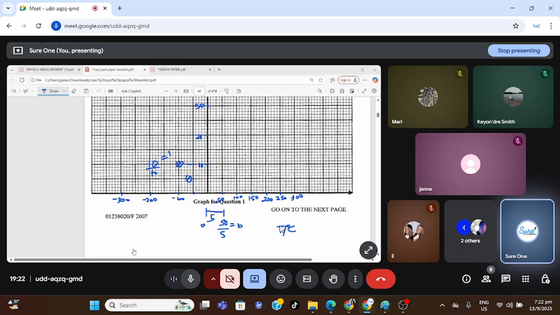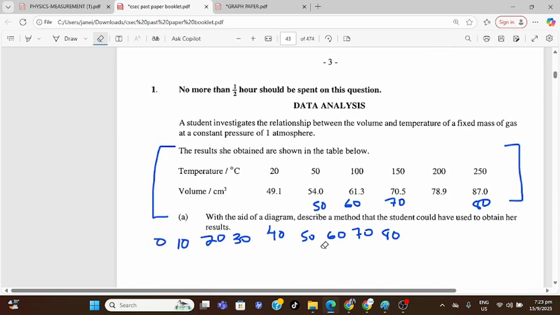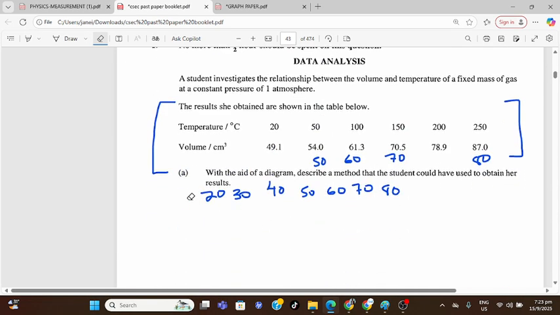Everyone understand what I just did and why I did it? Let's go through it again. Why did I pick 10? When I look at these numbers, they lend themselves to 10 easily.